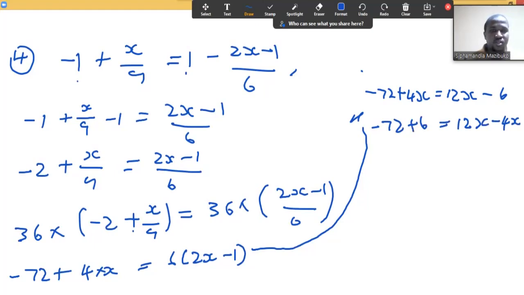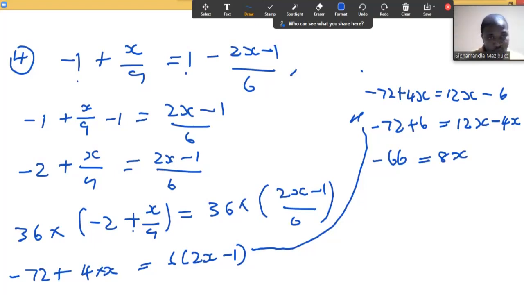So minus 72 plus 6 should give us minus 66, which is equal to 8x, because 12 minus 4 is 8.